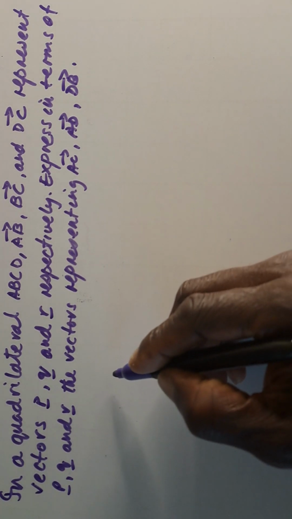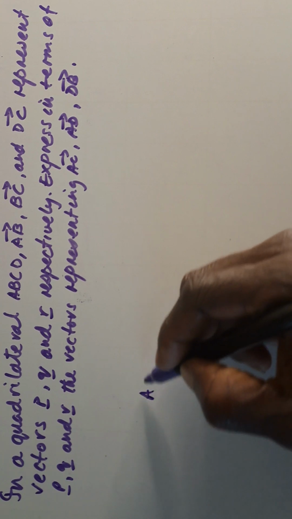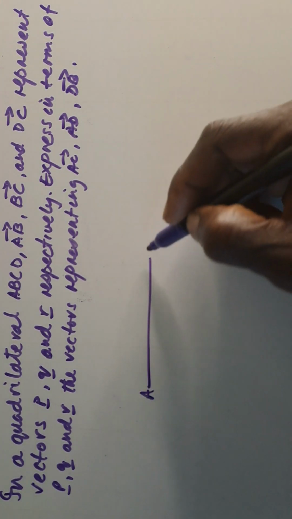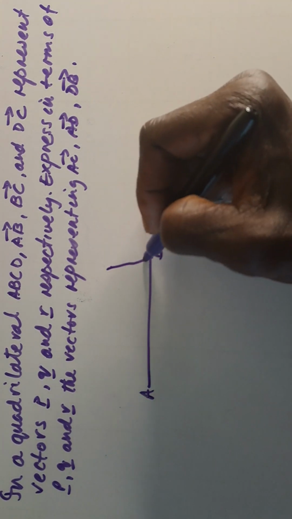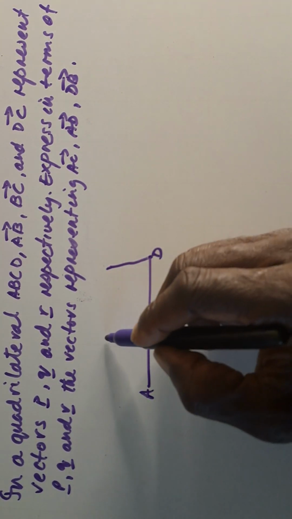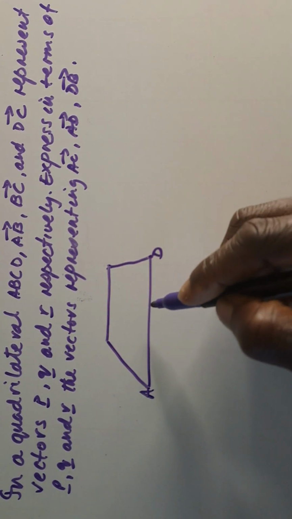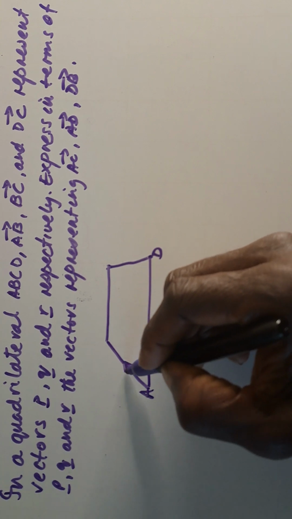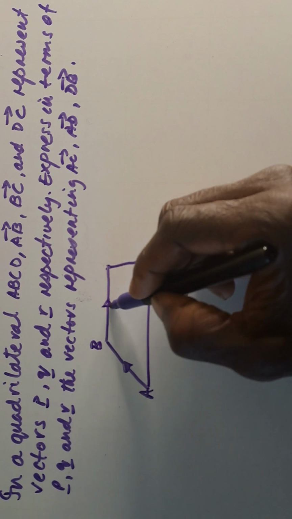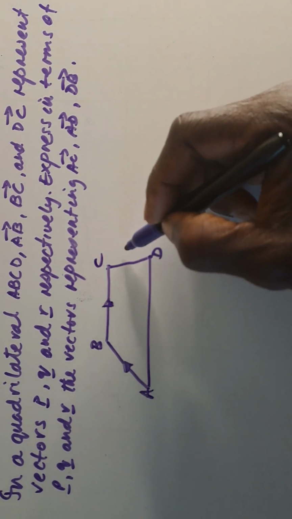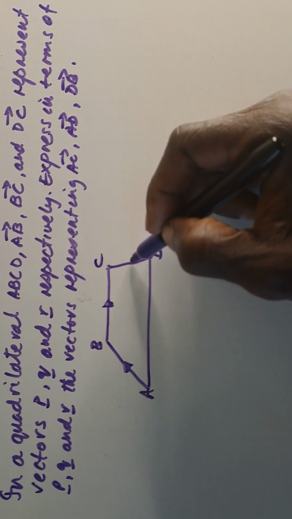Now here is what the diagram looks like. We have A going to D. So we have AB, we have BC, and DC.